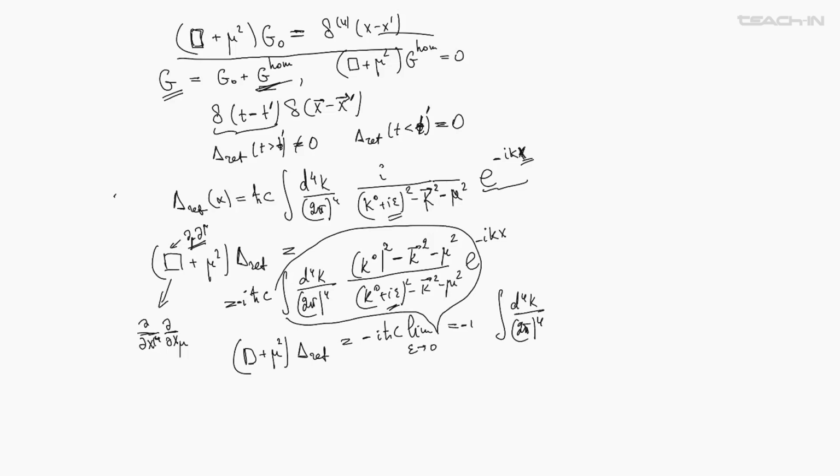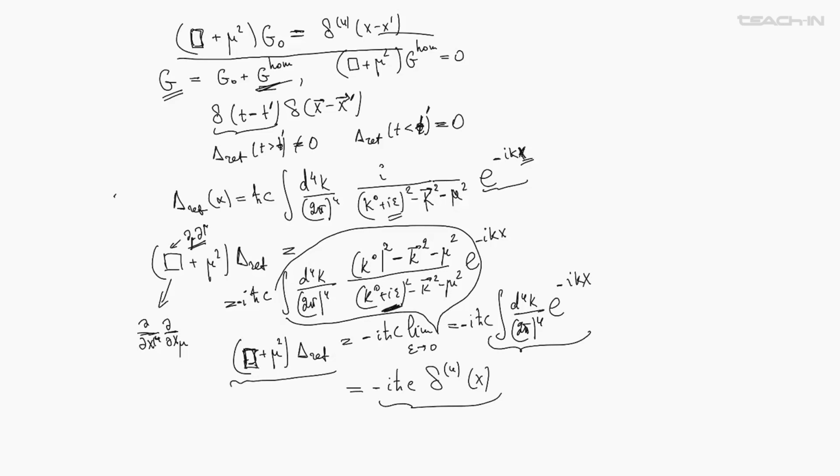This is what will be left over. But this is, of course, a Fourier image of the 4-dimensional delta function, delta 4 of x. And you again come to the same conclusion that the Klein-Gordon operator acting on delta retarded produces the delta function source. So again, even from this computation, you see that this is a Green's function. And again, the fact that it's retarded is now encoded in this position of i epsilon there.